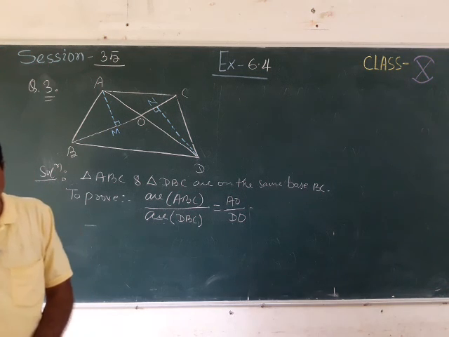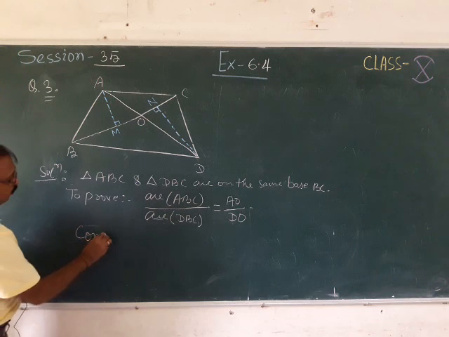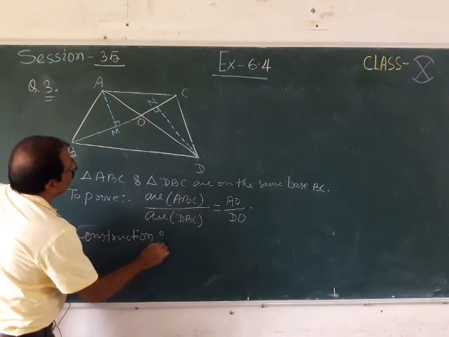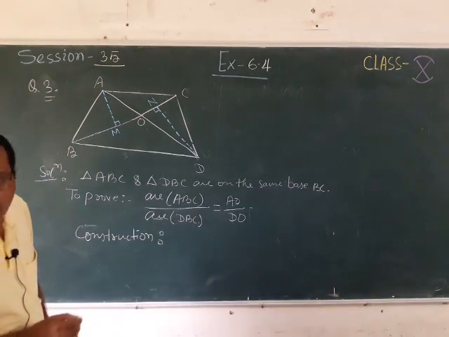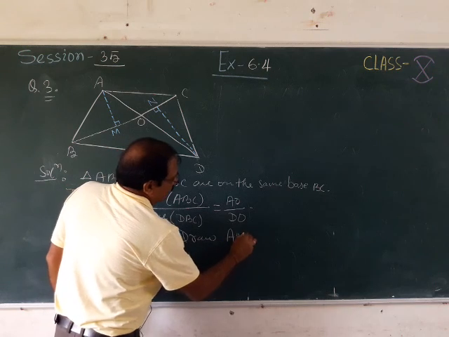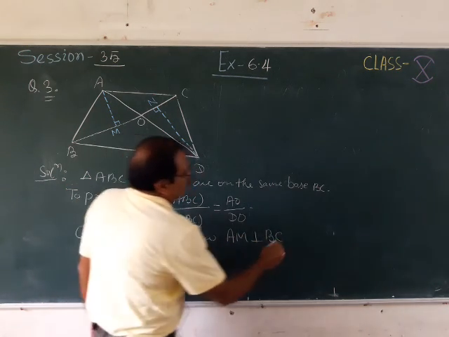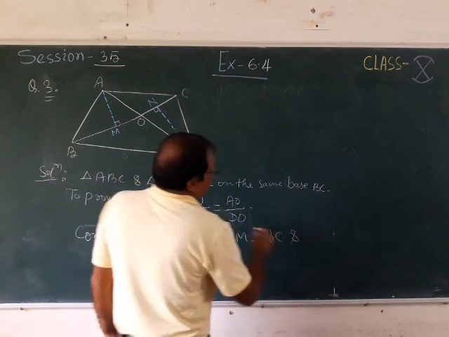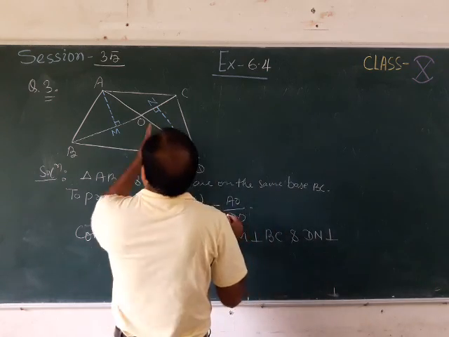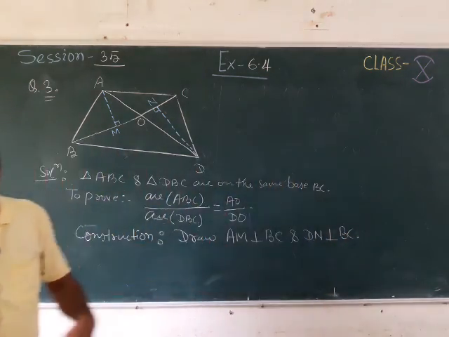Okay. Now, one more thing I have written is about construction. What construction is done there? That also you need to write. In construction, draw AM perpendicular to BC and DN perpendicular to BC. Once this is drawn, then we can prove it.